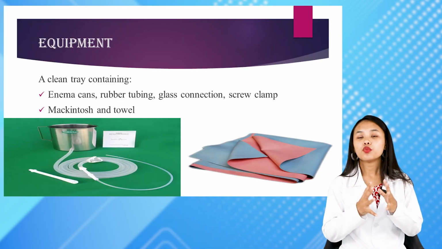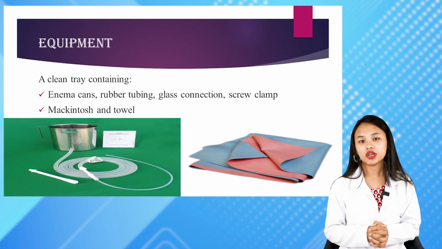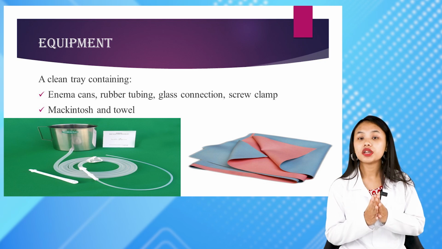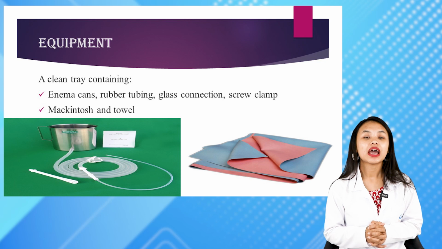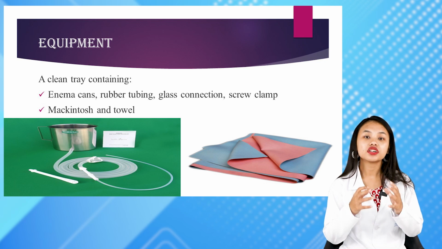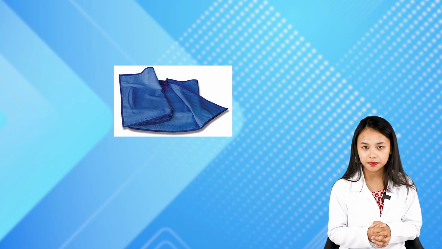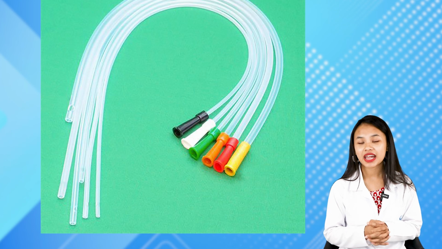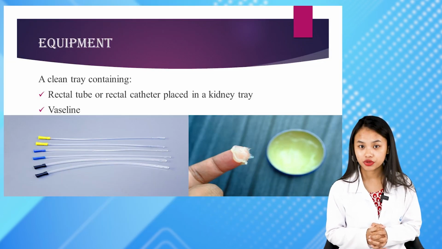Here we will require a clean tray containing the enema cans, the rubber tubing, the glass connectors, as well as the screw clamp, a Macintosh and a towel, a rectal tube, or even a rectal catheter, which will be placed in a kidney tray.